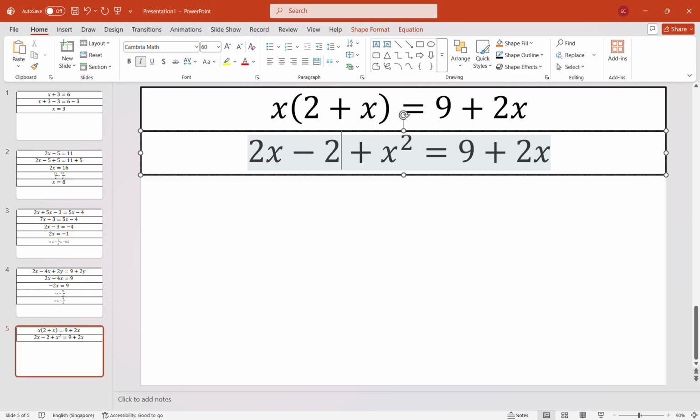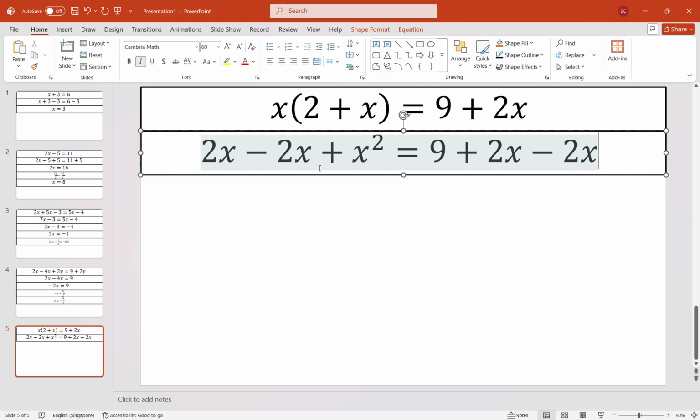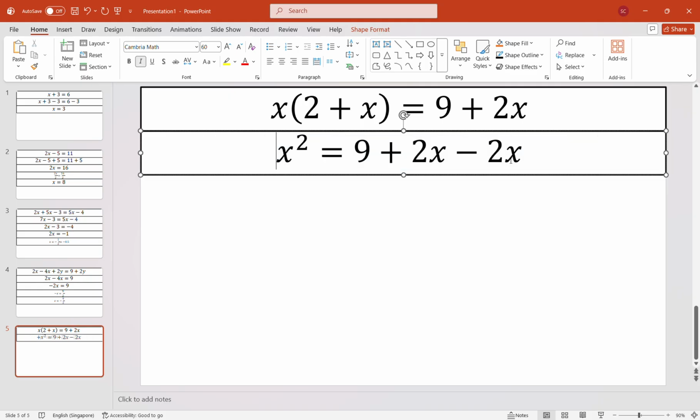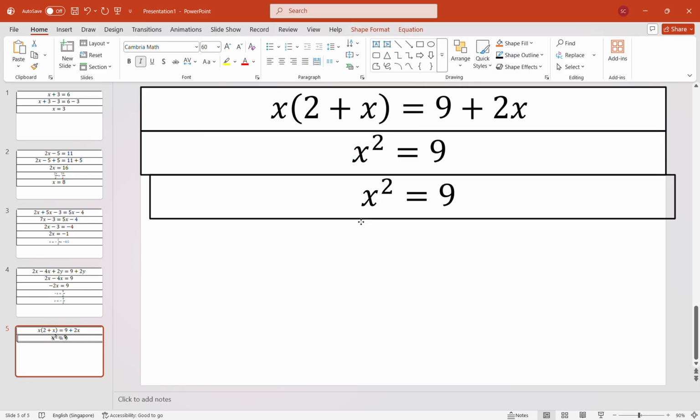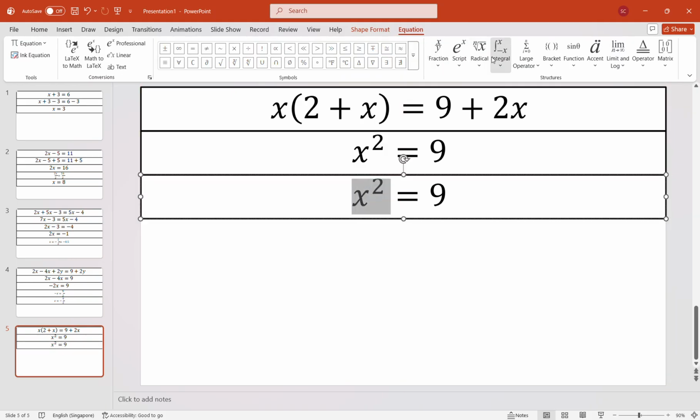Then we subtract 2x from both sides. The 2x's cancel each other out. And then from here, we square root both sides.